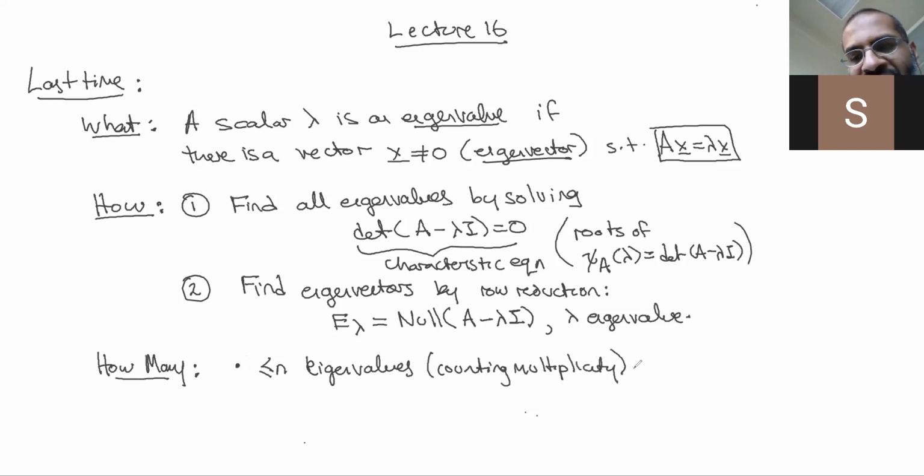And multiplicity means the number of times that eigenvalue appears as a root of this characteristic polynomial. And the reason for this is just a fact from algebra. If you have a degree n polynomial, then it has at most n roots. Another easy fact, actually much easier fact, is that there are at most n linearly independent eigenvectors.